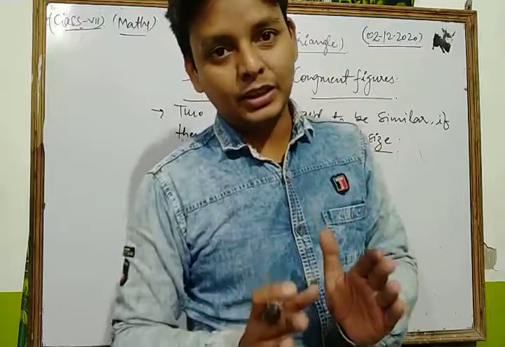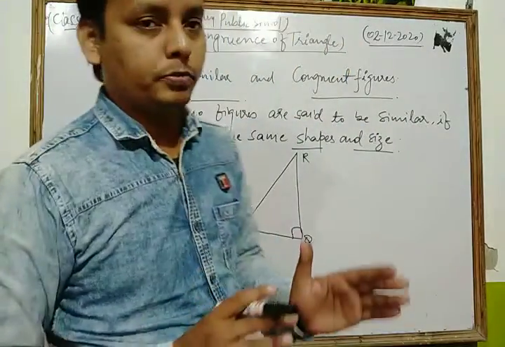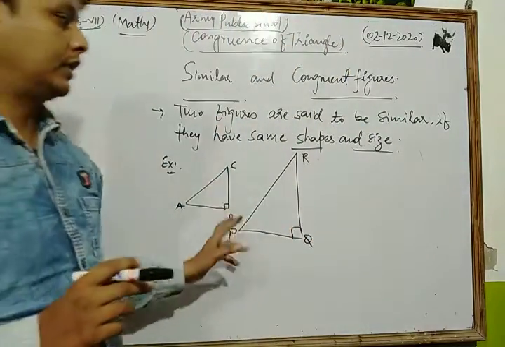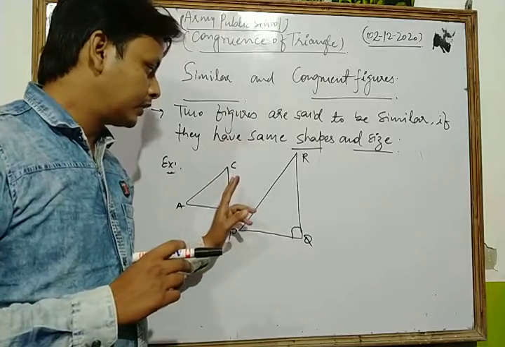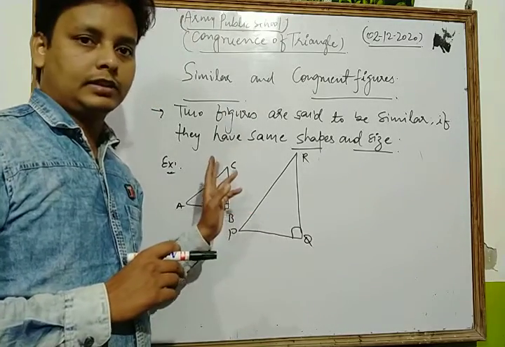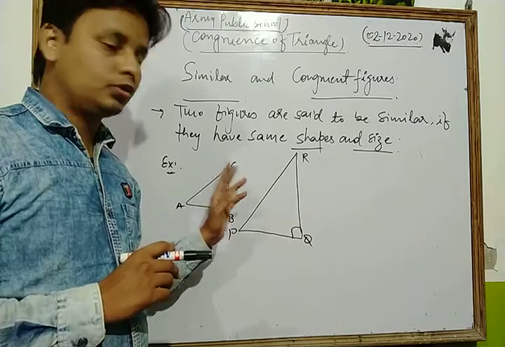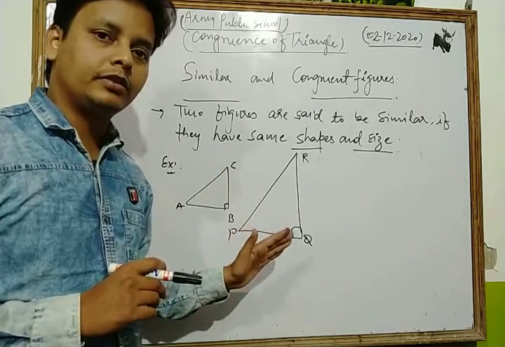So dear students, in this way two figures are said to be similar to each other if they have the same shape and size. This is the concept of similar figures.